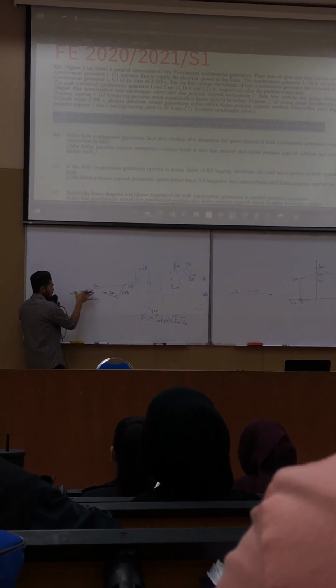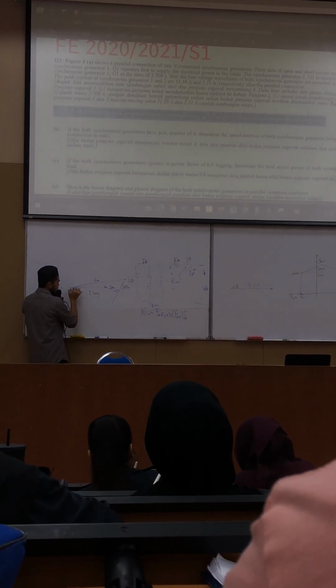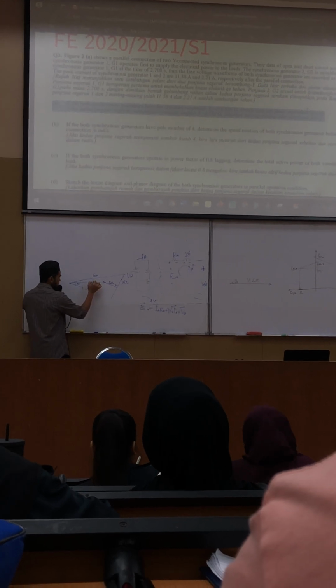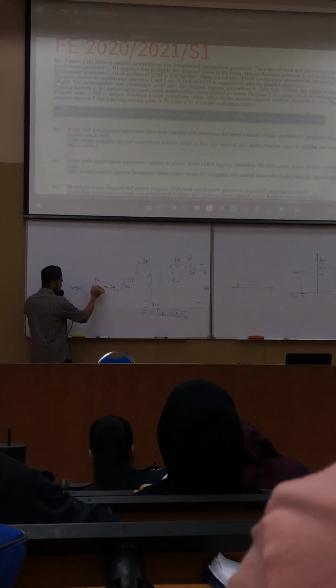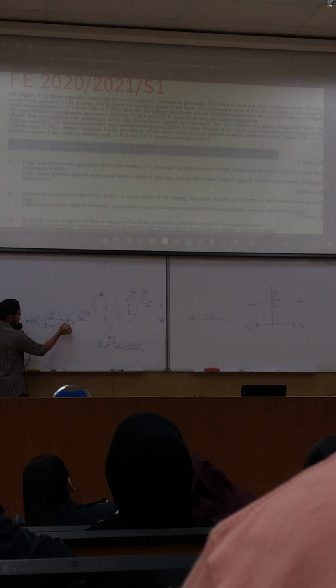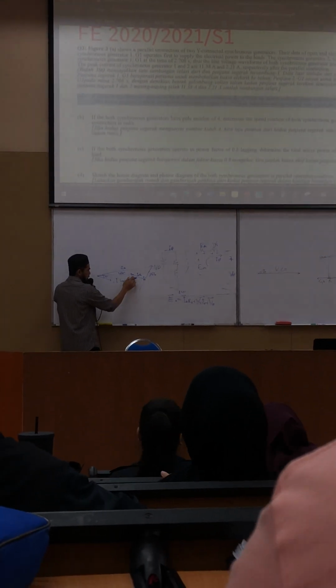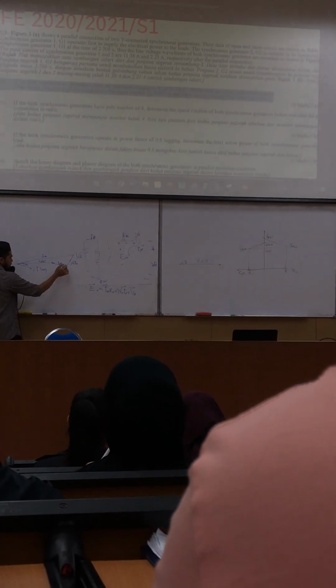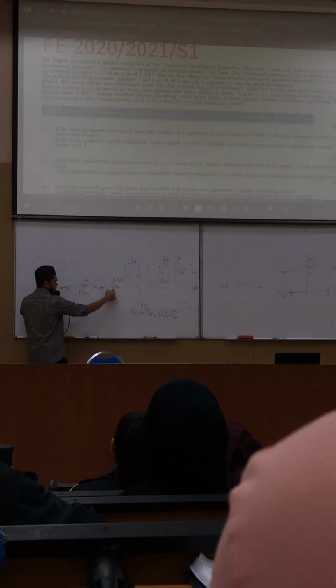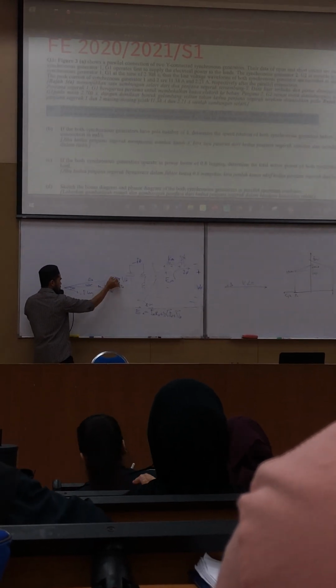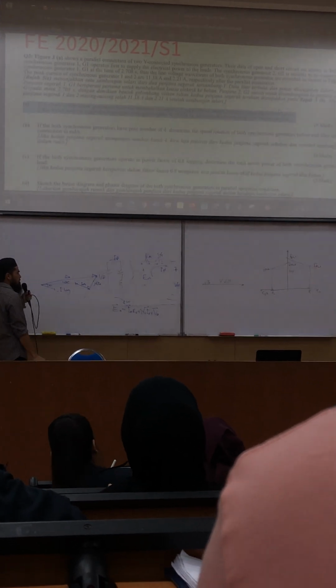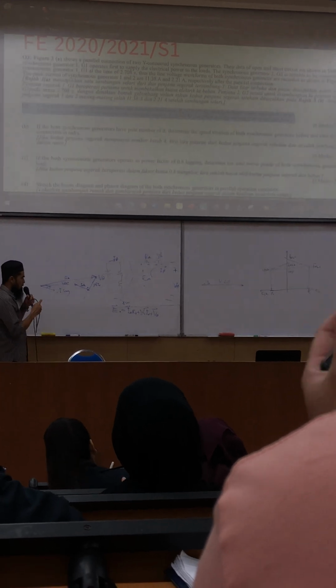Means that you punya EA adalah hasil tambah V phase tambah dengan IARA tambah dengan JXSIA membentuk EA. Alright.